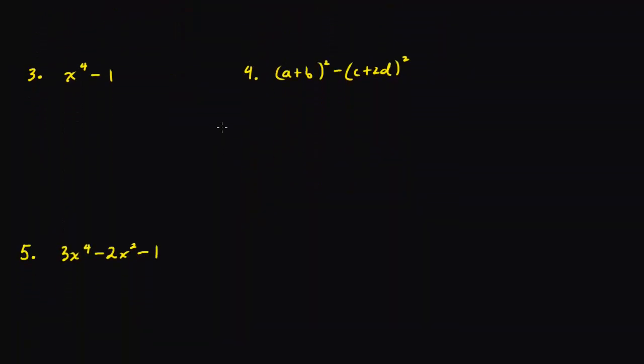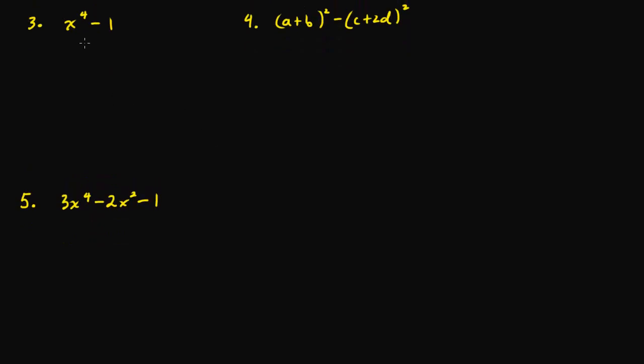So next I have, in question 3, x to the power of 4 minus 1. So x to the power of 4 is a perfect square. It's x squared. So x squared squared gives me x to the power of 4. 1 is a perfect square.